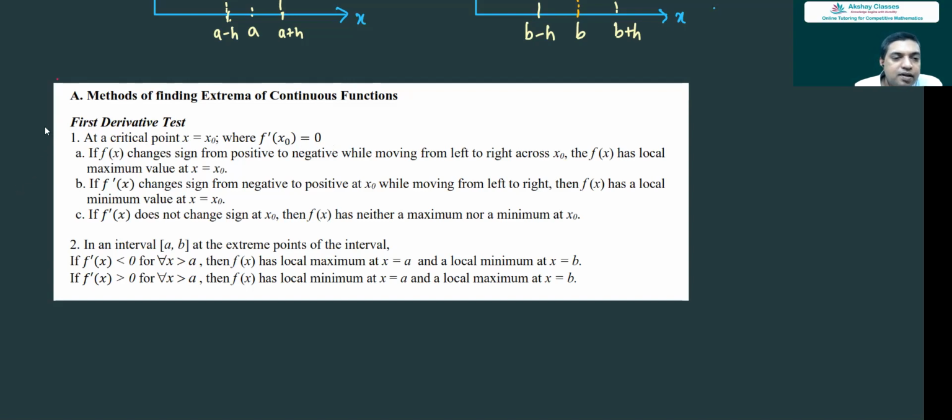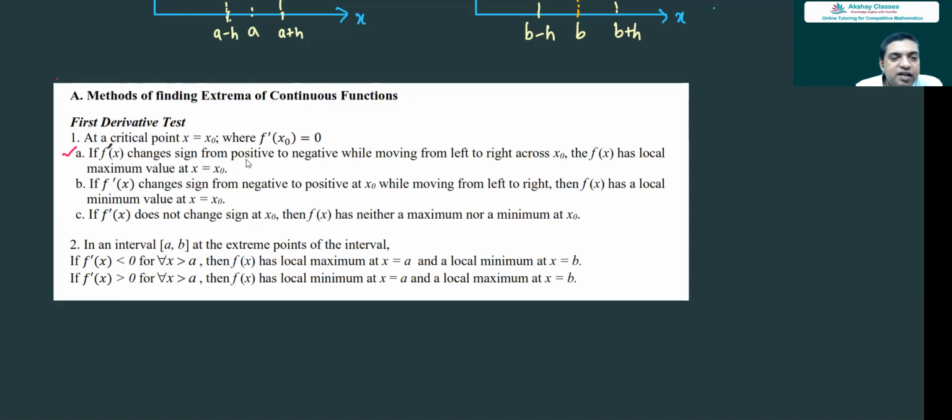Now, if f dash x changes sign from positive to negative while moving from left to right across x naught, then f has a local maximum value. I'm sorry, this is not f of x, this is f dash x.